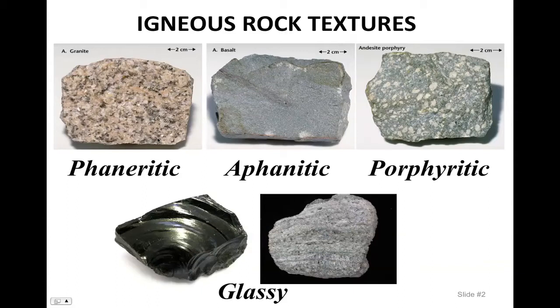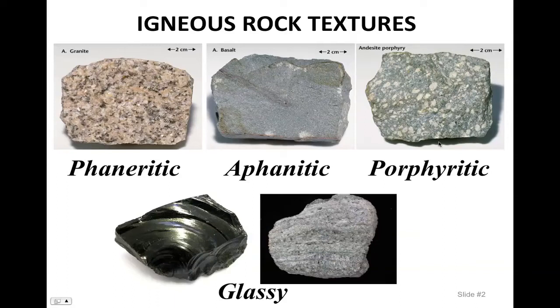It takes literally millions of years to get crystal sizes this large in the magma chamber. Whereas for aphanitic texture, this can cool in the matter of hours, and you can get crystals growing. The obsidian and pumice, we're talking literally seconds before it's completely solid. So basalt takes a little longer. But in comparison to the granite, it's still very quick cooling.